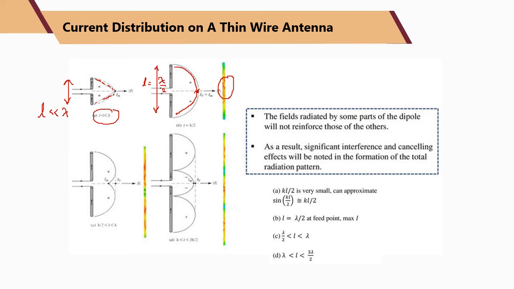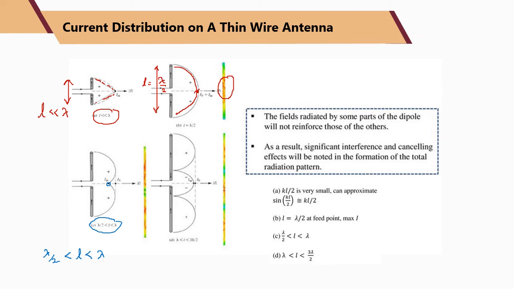And when L is larger than lambda over 2 but less than lambda, in the third case, we see some distortion in the middle, or the signal being cancelled at some point. So it reduces its maximum radiation at the center.